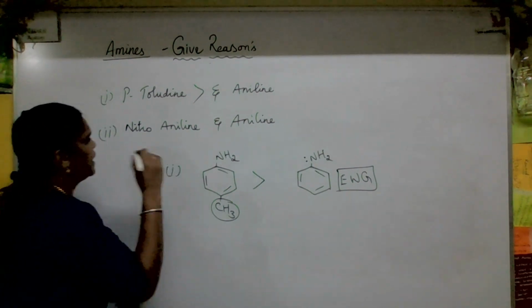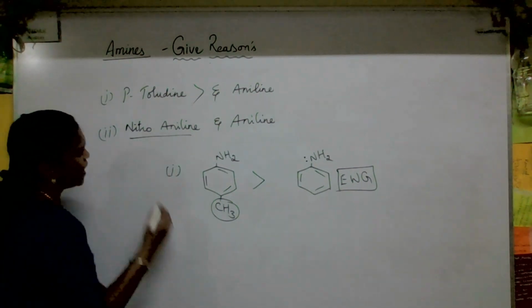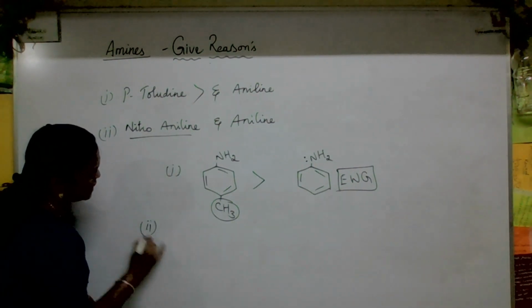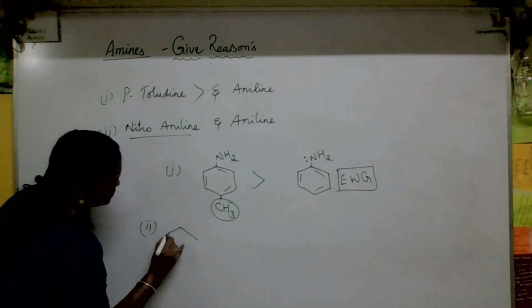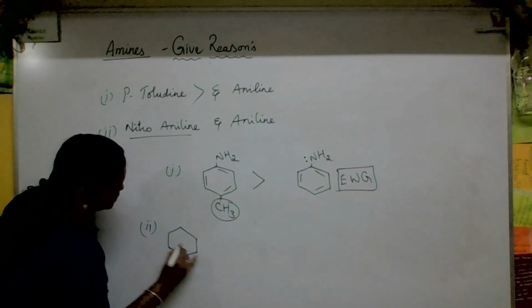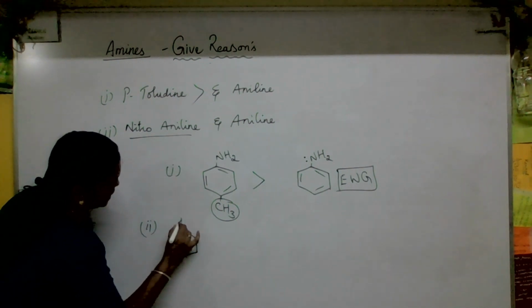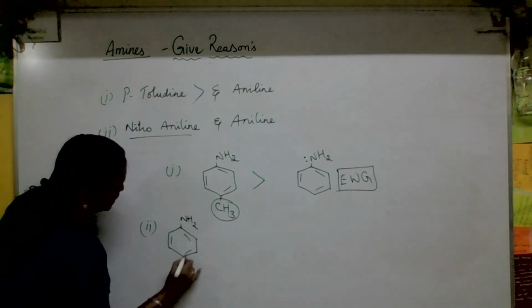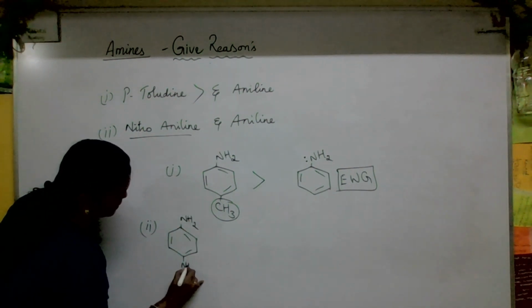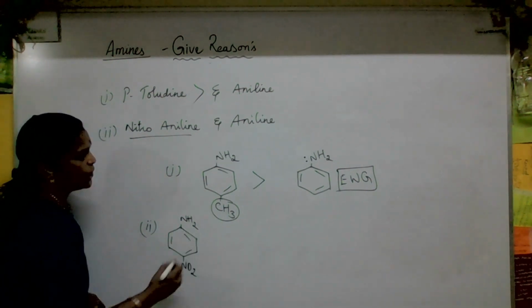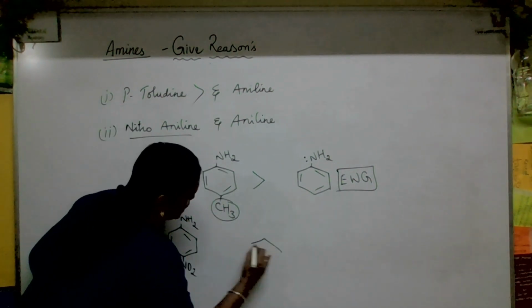Okay, now the next one, nitroaniline. Here this is aniline, NH2, and here nitroaniline with a nitro group, and here ordinary aniline.